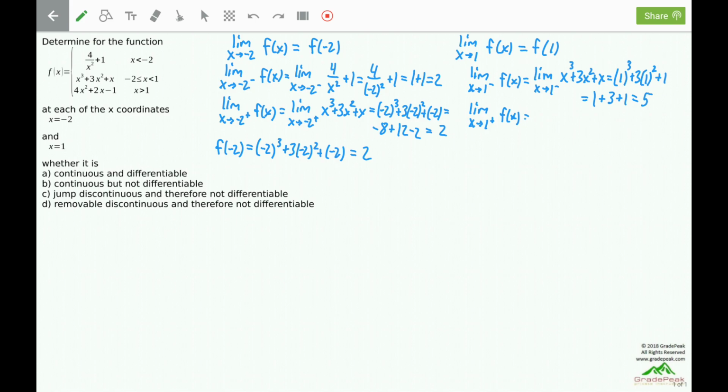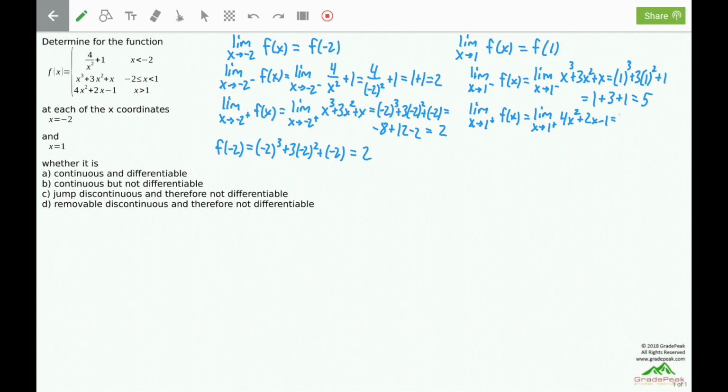Let's look at the right side limit at 1. The right side limit of 1 is greater than 1, we will use this expression for f of x, 4x squared plus 2x minus 1.